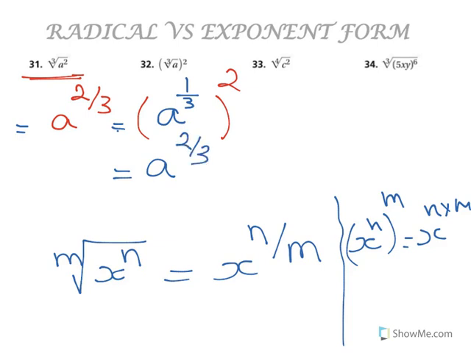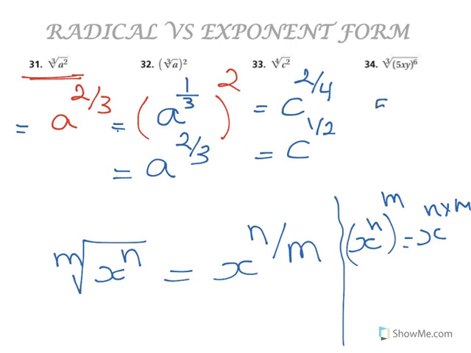Next question, I have c squared under the fourth root, so essentially it will be c to the power 2 over 4, and you can simplify that by saying the 2 over 4 is actually 1 over 2. One more, I have 5xy to the power 6 under the cubic root. So you can also work from inside out.